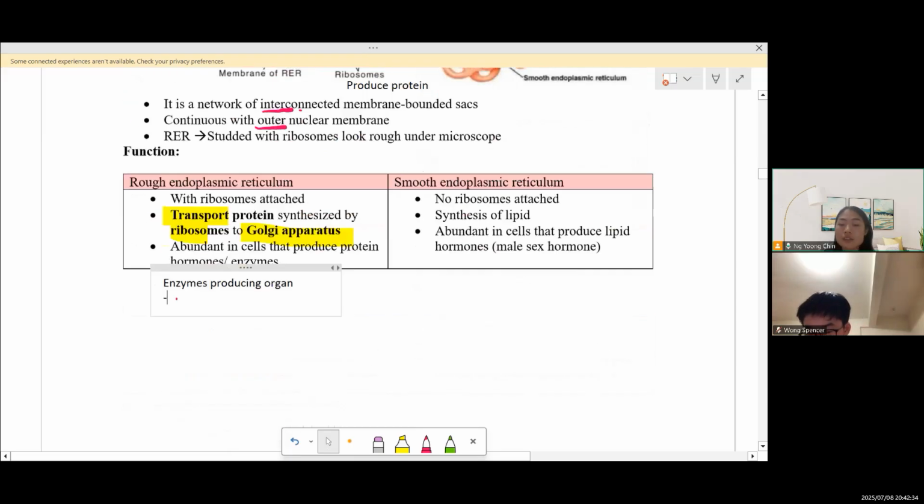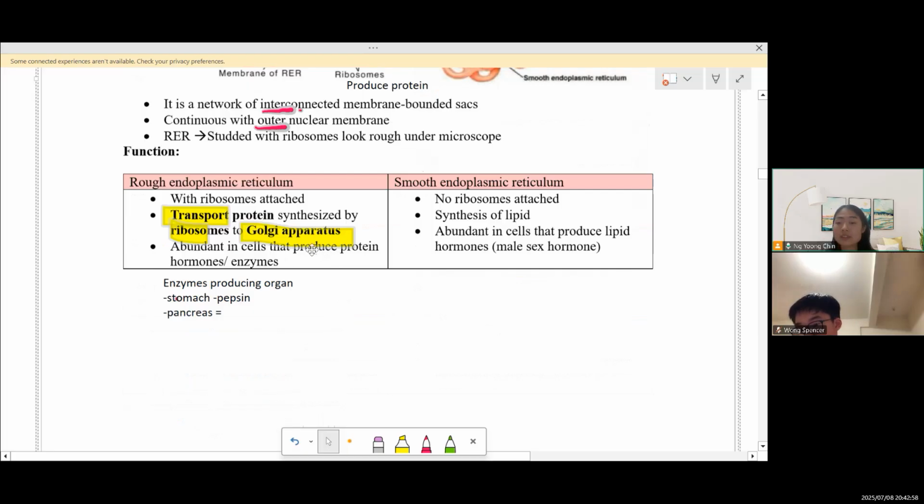For example, our stomach produces pepsin, which is an enzyme. And our pancreas produces enzymes such as lipase, amylase and protease. So they should have a lot of RER because they produce the proteins.